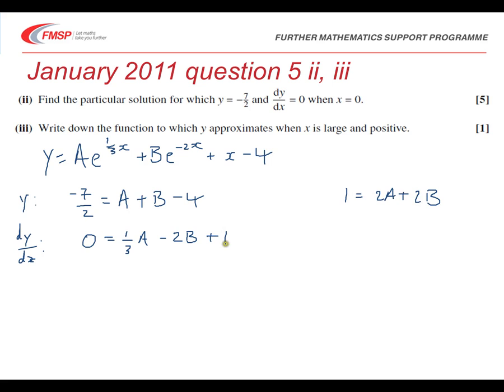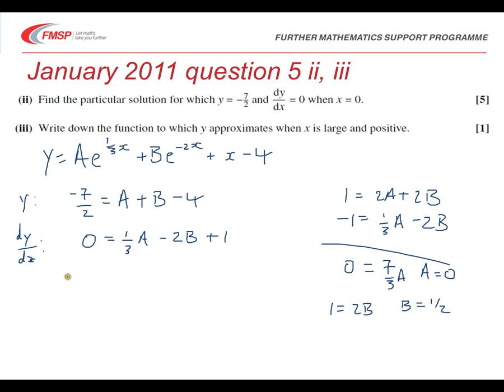Similarly, taking the 1 over to this side, I get minus 1 equals a third a minus 2b. Add those together, and I get 0 equals 7 over 3a, which tells me a is 0. And if a is 0, then I get 1 equals 2b, so b is a half.